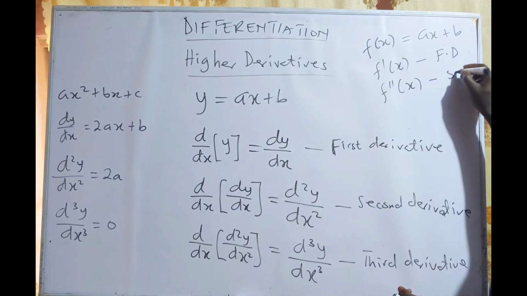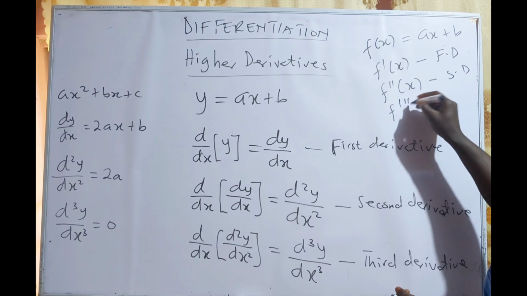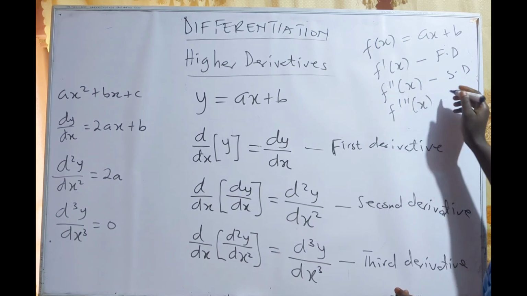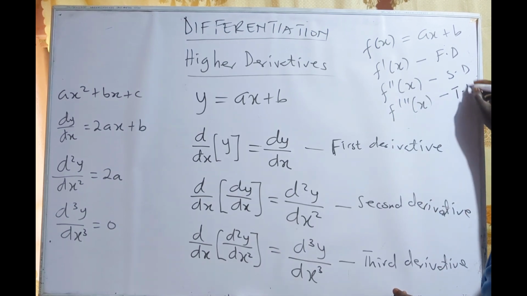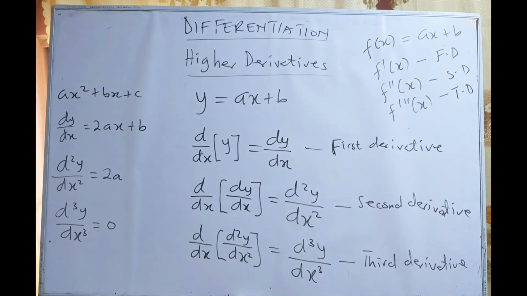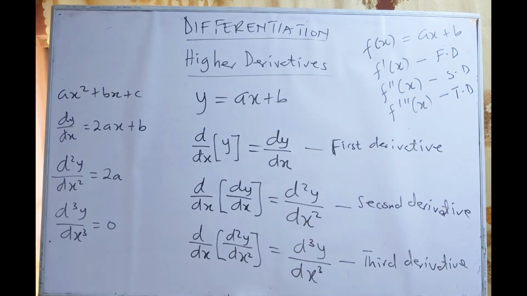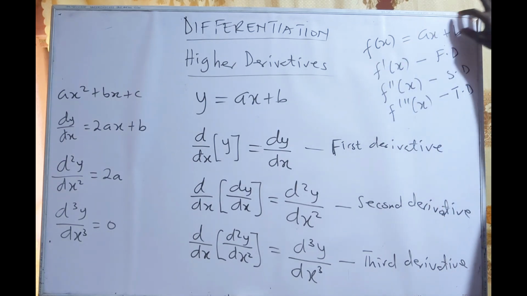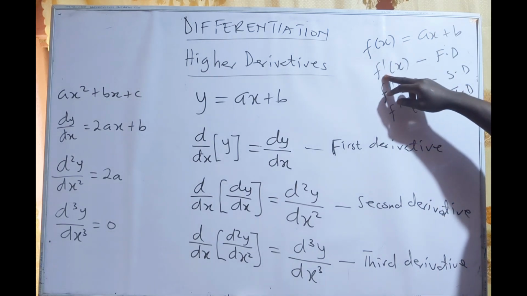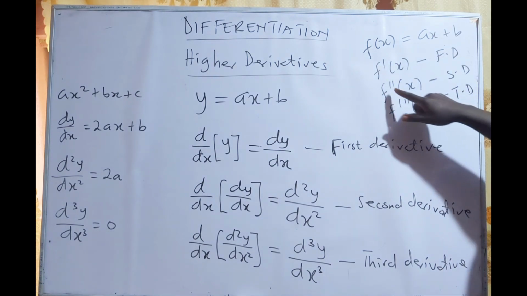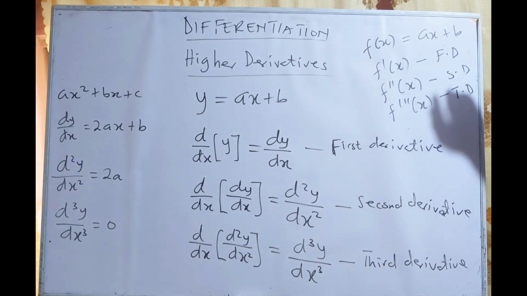The third will be f triple prime of x, that is the third derivative, and so on. So when you see this, it is the same as the first, the second, and the third. f of x is the function you are given. When I differentiate, it is f prime of x, f double prime of x, f triple prime of x, the third derivative. So this is how you can also write it in terms of the function.